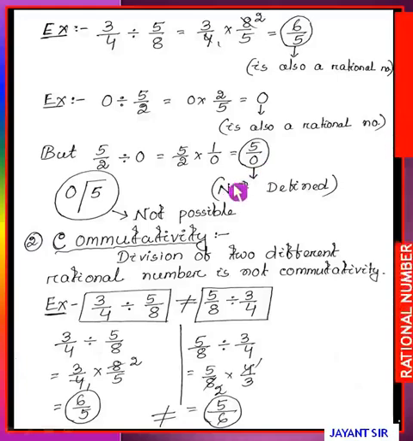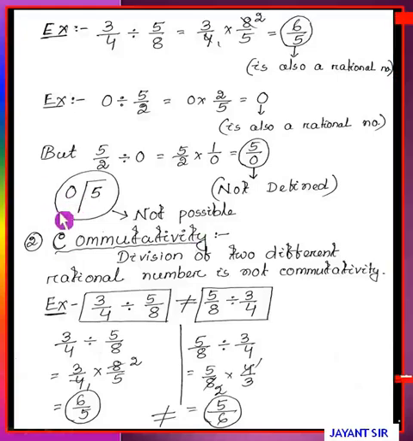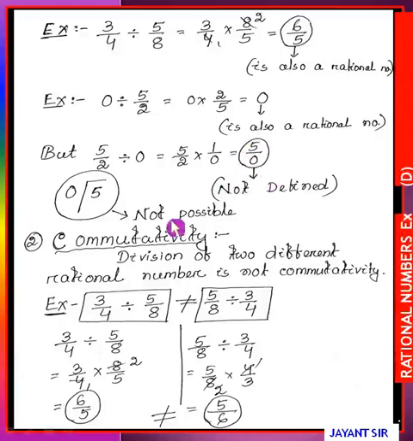You look that this is not defined. Why? If we are dividing 5 by 0, is it possible to divide? Not possible. We cannot divide it. So that's why it is not defined. It is infinity.